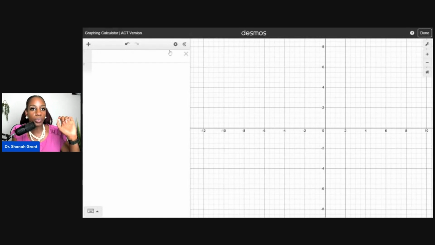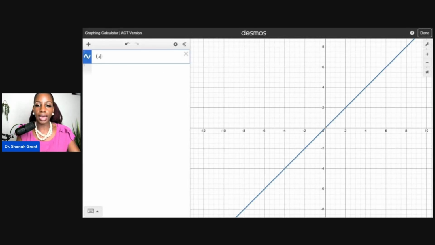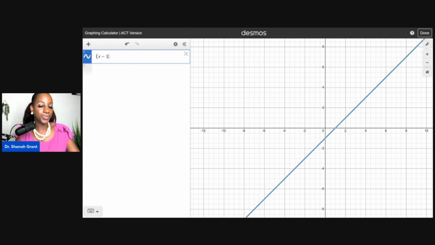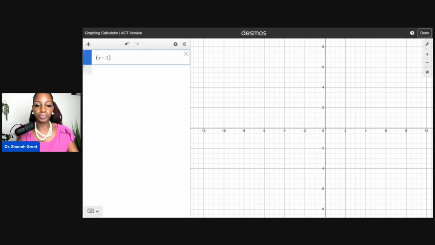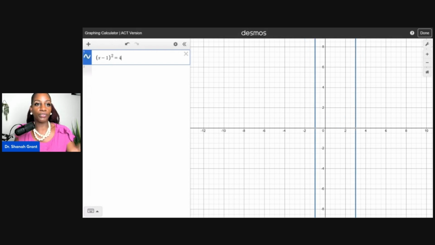Remember, whenever you are doing questions at home and practicing with Desmos, you want to make sure that you go to www.desmos.com/practice, because that is where the Desmos calculator that you will see on the SAT will be. Alrighty, the first equation was, I believe, x minus 1 squared is equal to 4.